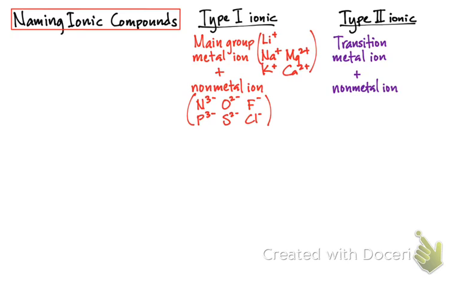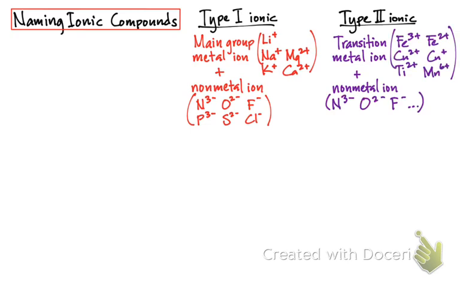Type II ionic compounds consist of transition metal ions, right? And you learn that these are the metals that are in the middle of the periodic table. So you have iron with a +3, it could be iron with a +2 charge, copper, titanium, manganese. These are all examples of transition metal ions.